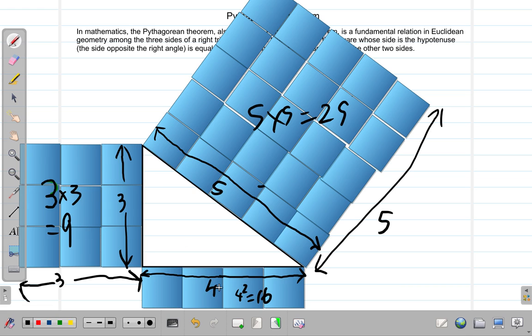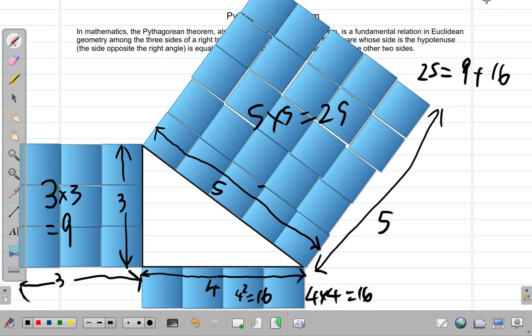This would be 4 wide and 4 high. We don't have the space, but it is 4 squared, same as 4 by 4 equals 16. So therefore the square on the hypotenuse, 25, is the sum of the squares on the other two sides. 25 is 9 plus 16. 9 plus 16 is 25.